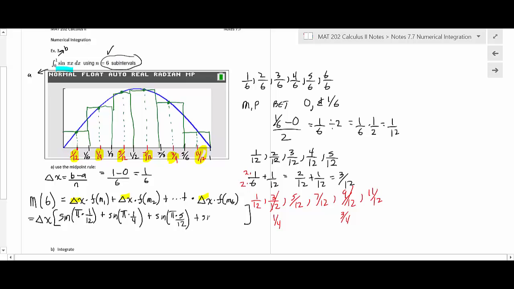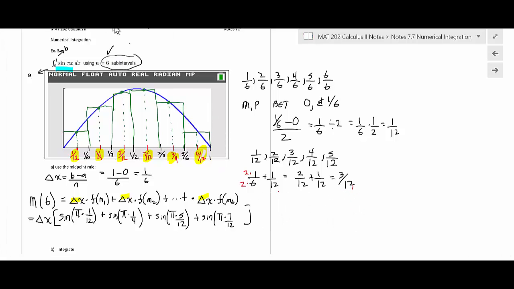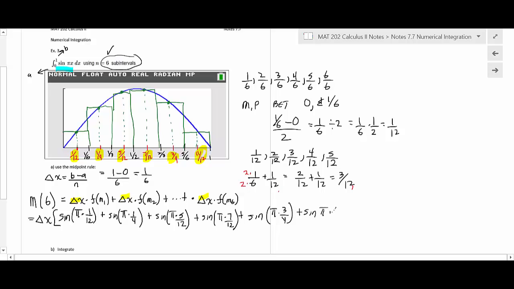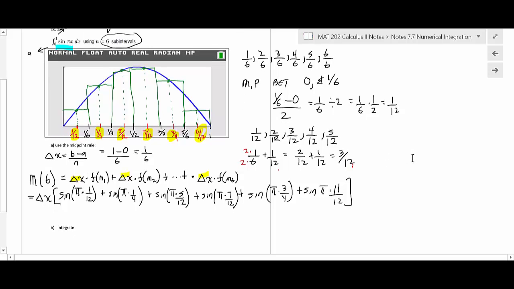And then the next one is the sine of pi times 7/12. And so forth. So let me erase some of this stuff that's getting in the way here. Let's take this out a little further. So we got that. And then the next one we're going to have is the sine of pi times 3/4. And then the last one is going to be sine of pi times 11/12 like that. Okay? So that's how we're going to put that together.